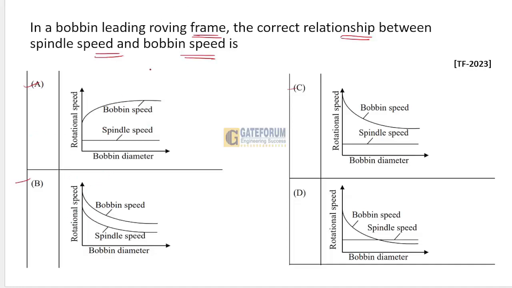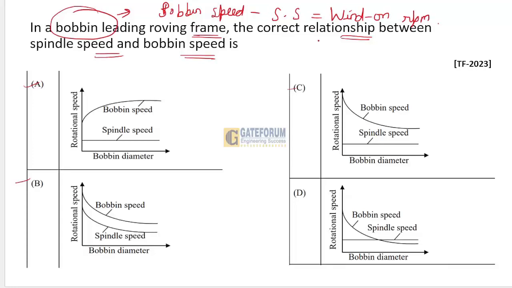In a bobbin leading roving frame, bobbin speed minus spindle speed is equal to wind on RPM.